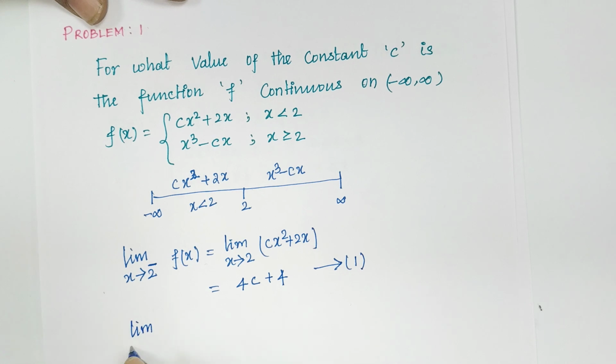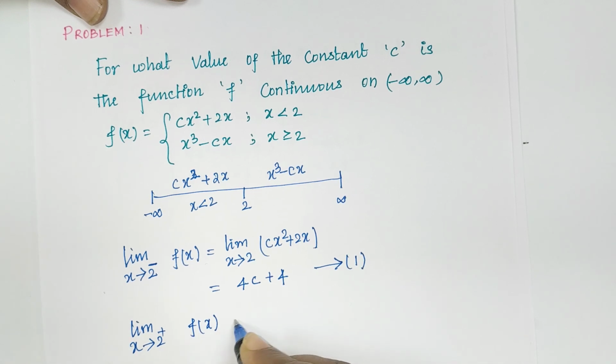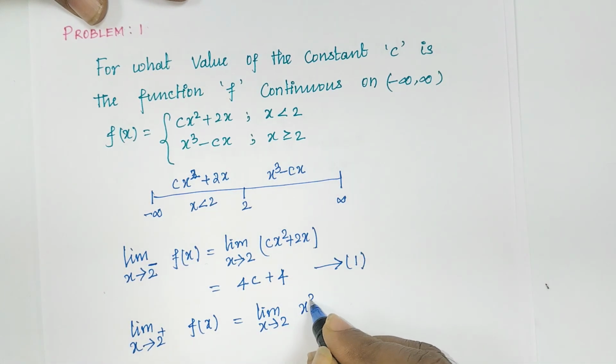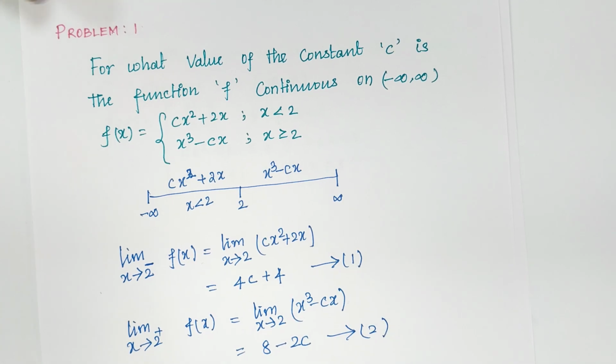Limit x tends to 2 from the right hand side, f of x equals limit x tends to 2, the right hand side function is x cube minus cx. Okay, here you can substitute x equal to 2. I will get 2 cube is 8 and minus c into x equal to 2, 2c. Okay, this is equation 2.